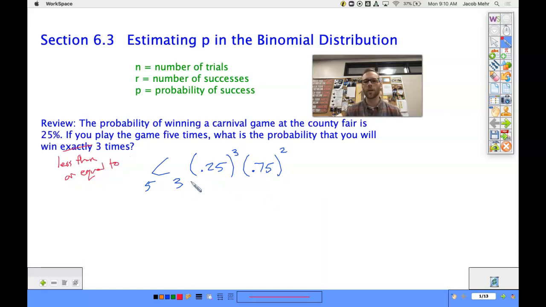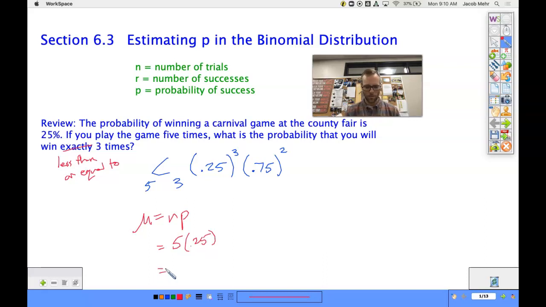Okay, well, I could do winning 0 or 1 or 2 or 3 and add them all up. But remember how we used a normal distribution to approximate that. We said that the mean is the expected value, which was n times p. So in this case, 5 games times 25%.